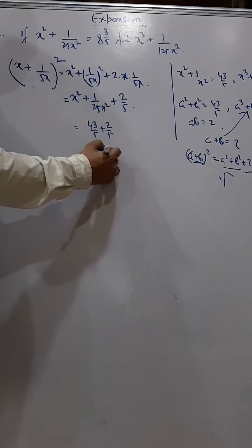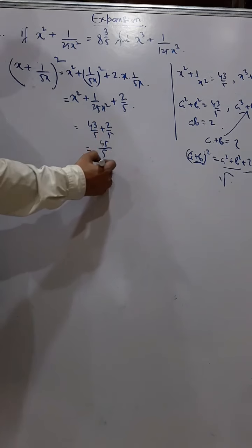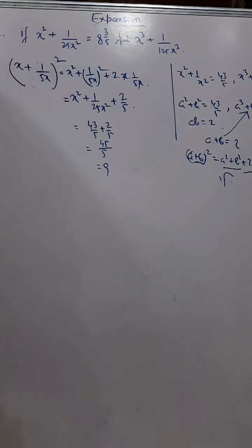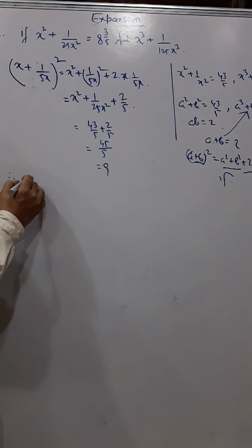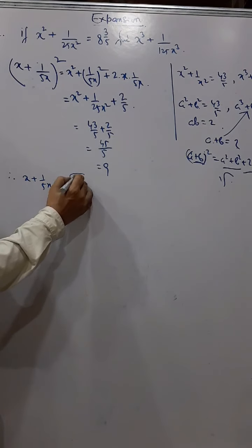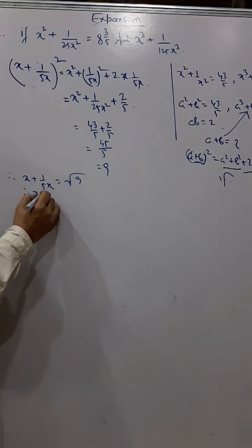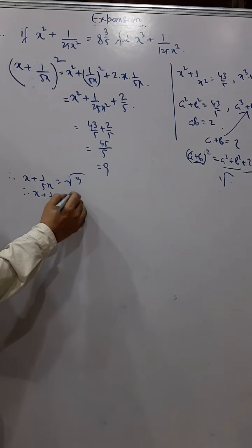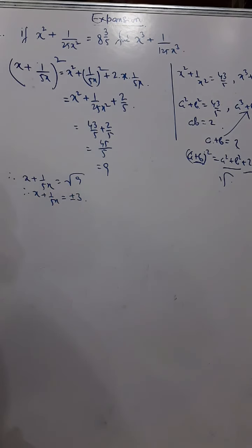So after taking LCM, I get 45 by 5, I get 9, and then finally I can say x plus 1 by 5x is equal to root over 9, and therefore x plus 1 by 5x is equal to plus minus 3.